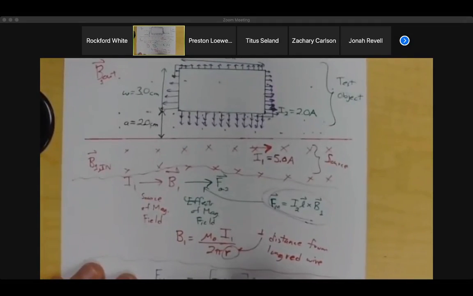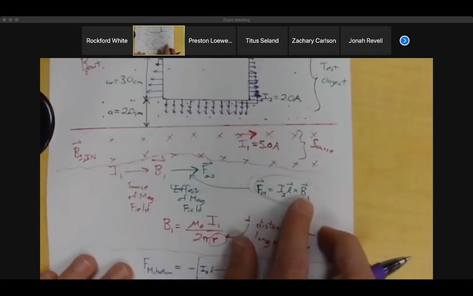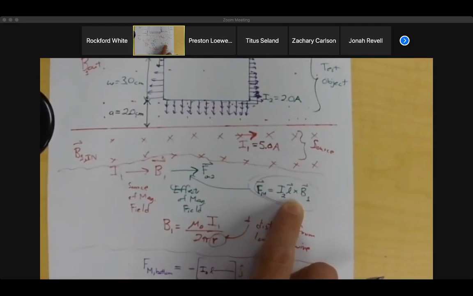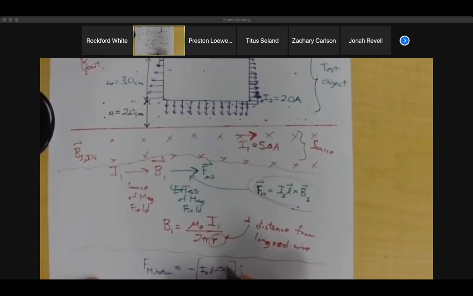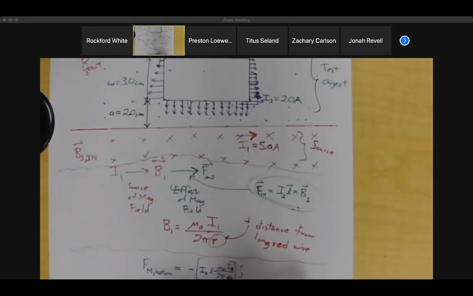And then you multiply by the magnetic field everywhere along the bottom edge, which is a constant. That's what this is made for. This is the magnetic force on a straight segment of wire in a uniform magnetic field, probably best thought of that way. And then we get mu naught I1 over 2 pi. And then what should I put in the denominator there? The distance from the wire to the bottom edge is A. And vector F_M top is going to be upward.